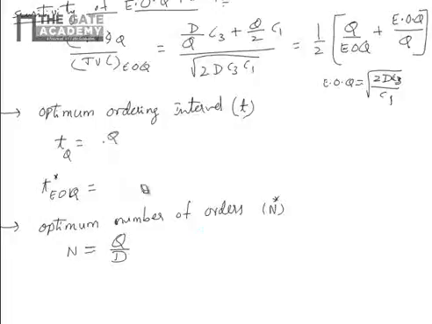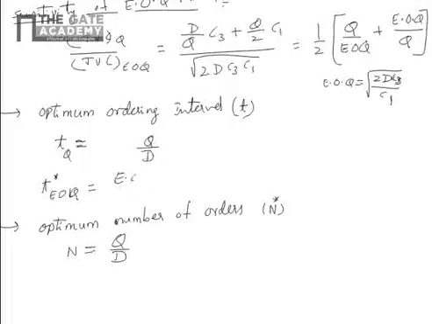So this one is Q by D, that is, economic order quantity by D.